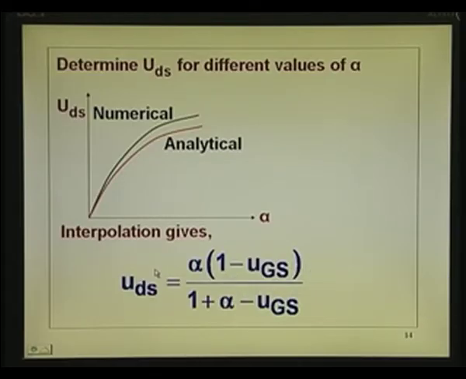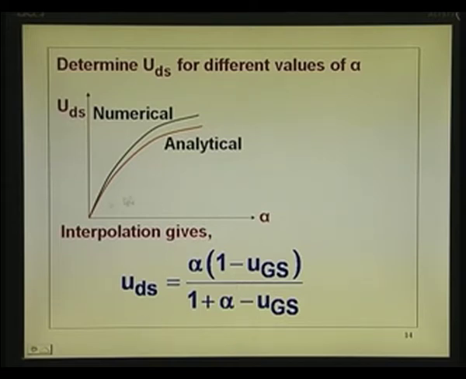I found that you can fit into this expression, because each curve is plotted for one UGS. You can get a number of curves like that, each with its analytical expression, a close fit.